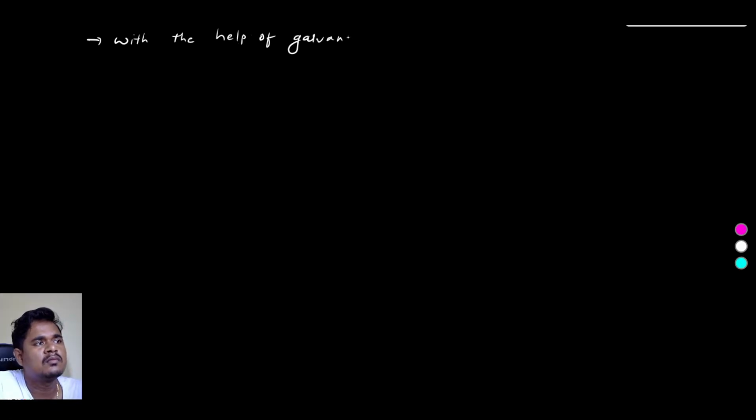Now we will see its working. We are using the galvanometer as a voltmeter and ammeter across the circuit. With the help of a galvanometer, we can make an ammeter and voltmeter.